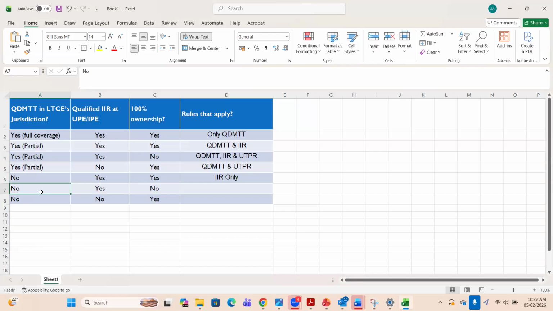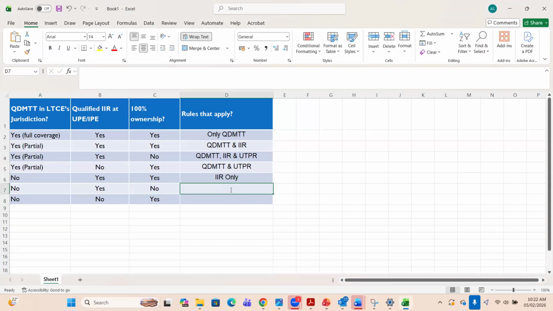There is no QDMTT in the LTC's location, but there is a qualified IAR and there is no 100% ownership. Then there would be IAR and UTPR. Absolutely.